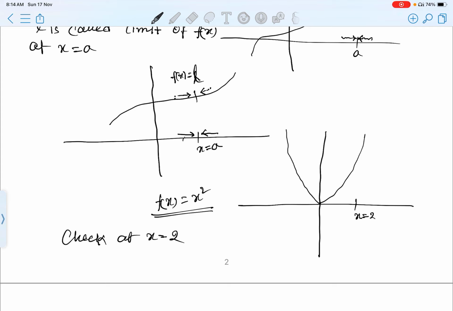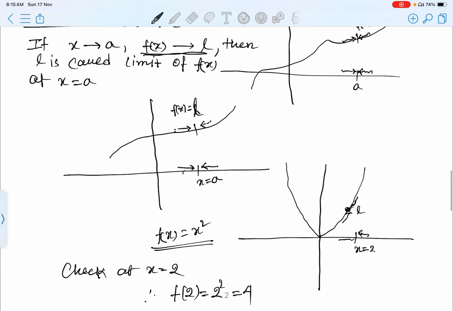Now just look here. If you go from the left side, the function also goes from the left side, and on the right side also it comes from the right side, to this limit L. Should be clear now. Then what is the f of 2 value? 2 square equals 4. Clear? Then actually this is the graphical way I can define the limit.